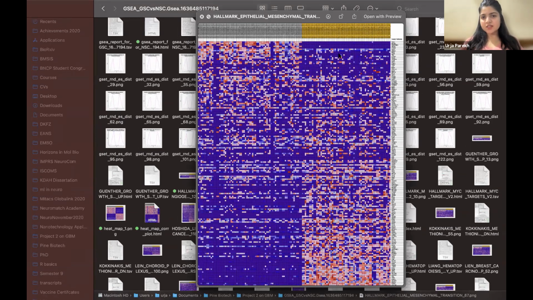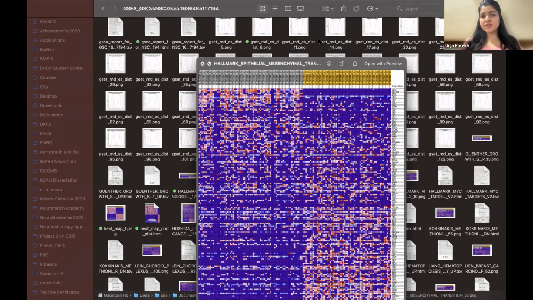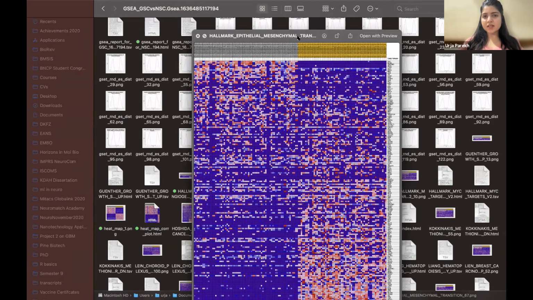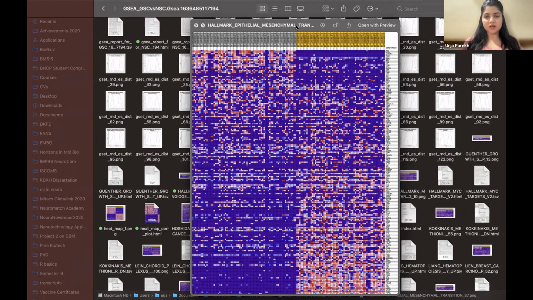It's a hallmark gene set for epithelial to mesenchymal transition. EMT is a pathway that occurs during tumorigenesis, and there are certain genes that are highly represented in cancer overall. The red and blue dots are the genes that are expressed in my particular gene set as well. Red means that it is upregulated, and blue means it's downregulated.